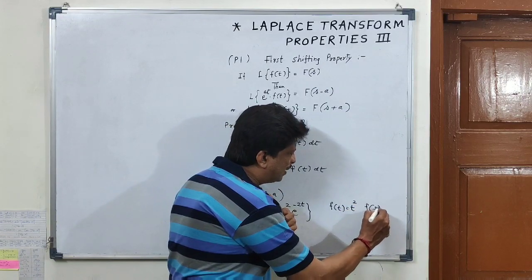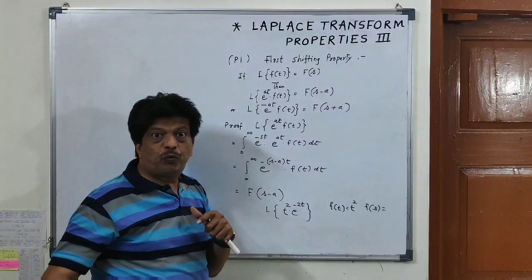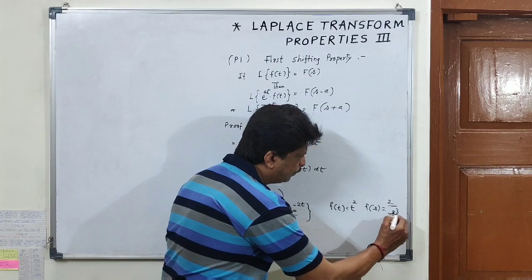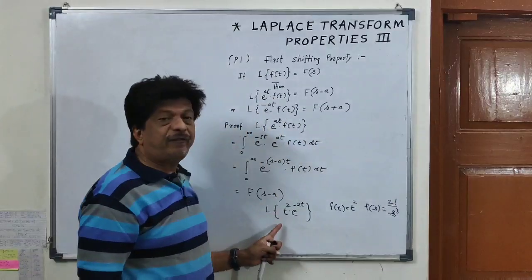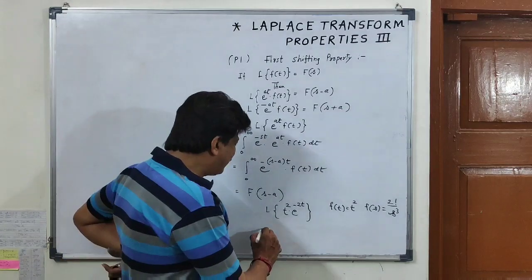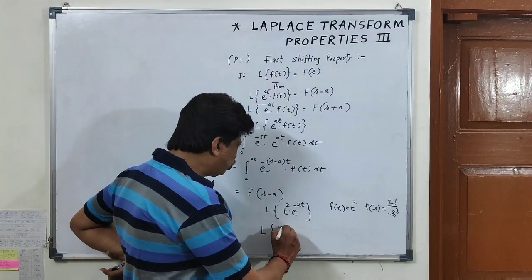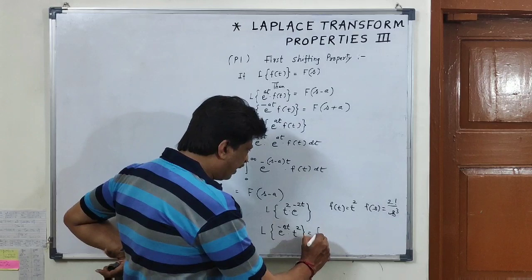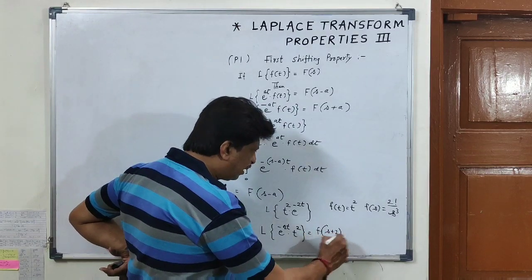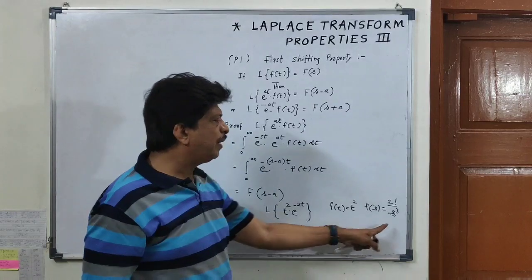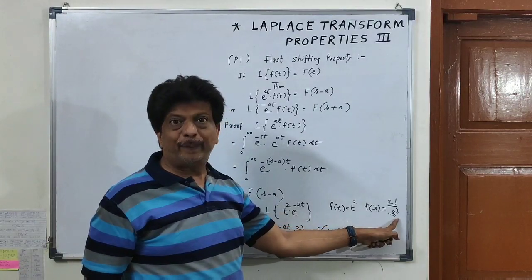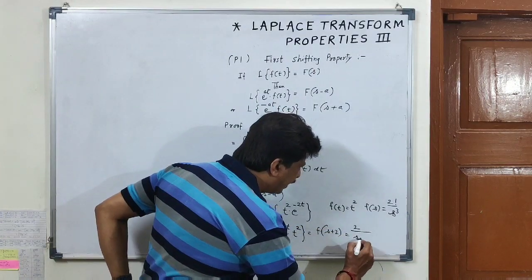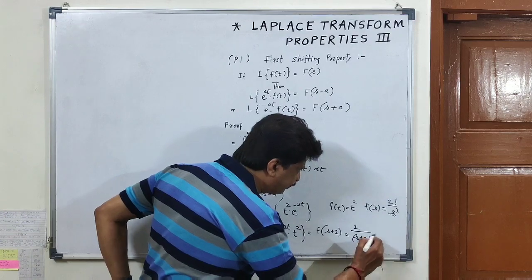So F of s, the Laplace transform of t square, is 2 factorial upon s cube. So by the first shifting property, the Laplace transform of e raised to power minus 2t into t square is equal to F of s plus 2. In this F of s should be replaced by s plus 2. So it would be equal to 2 upon (s plus 2) whole cube.